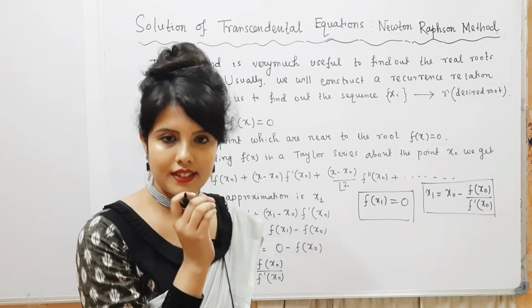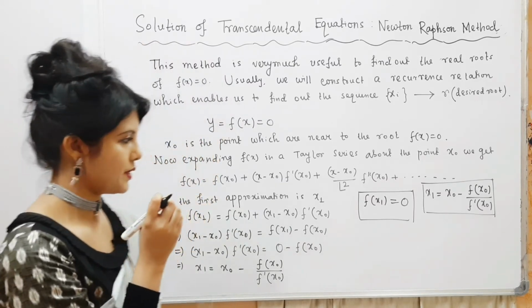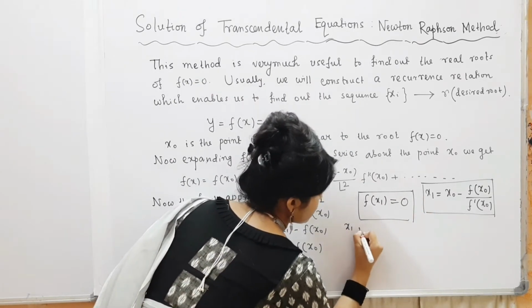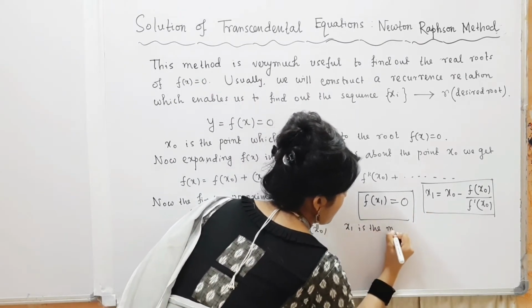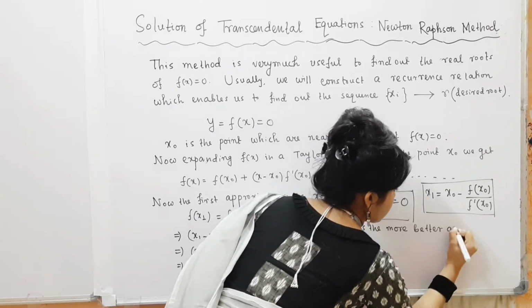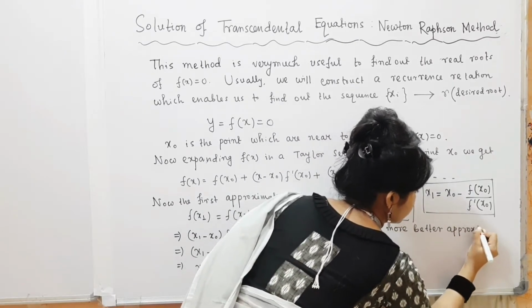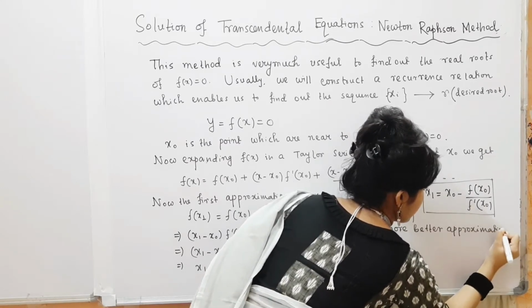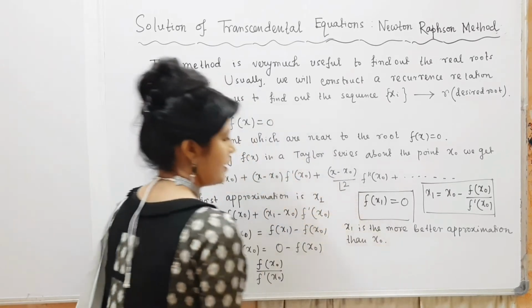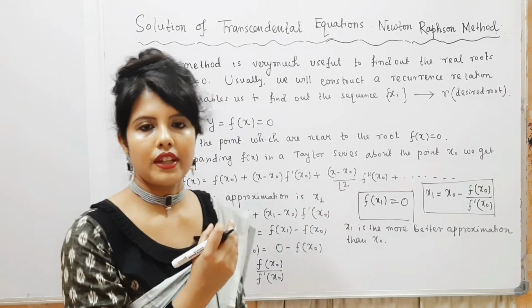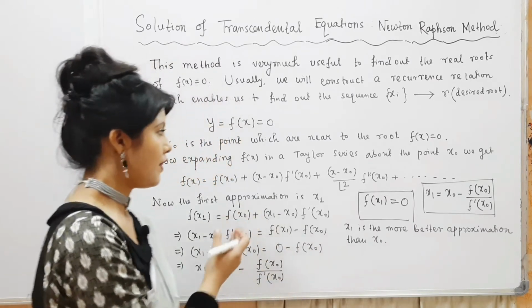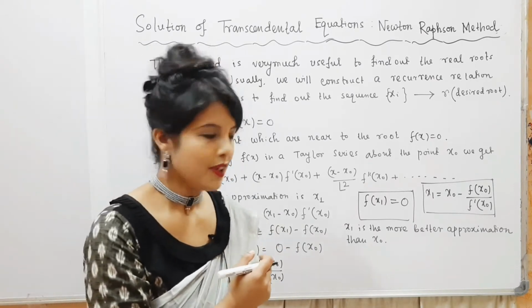So you can consider x0 as the initial approximation, okay. So now x1 is a better approximation than x0, okay.